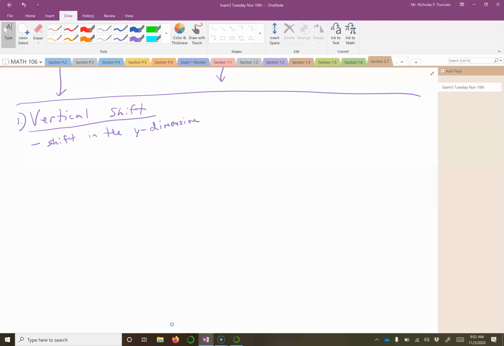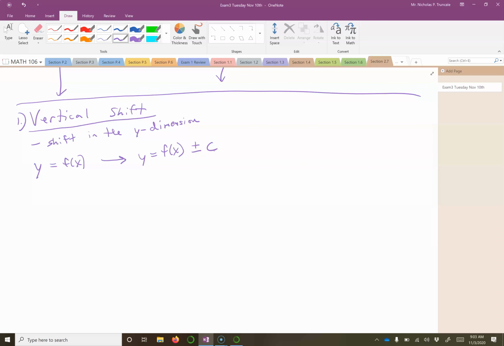So if you had something like y equals f of x, okay? So this is just going to be an equation of a graph. The general way to describe a vertical shift is you're going to see y equals f of x, right? The same function is going to be there, but then you're going to be either adding or subtracting some value, c.